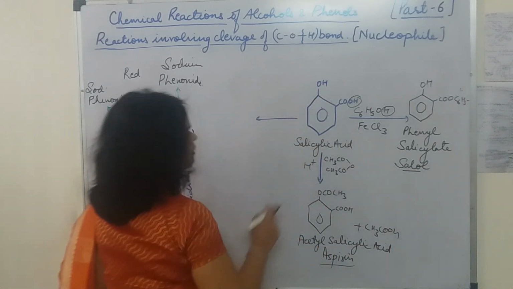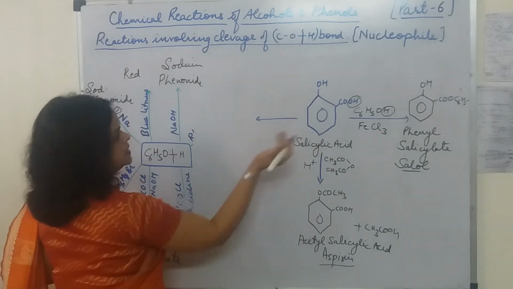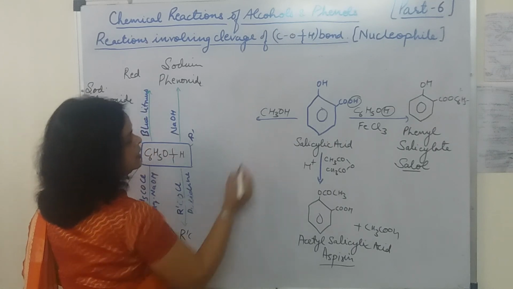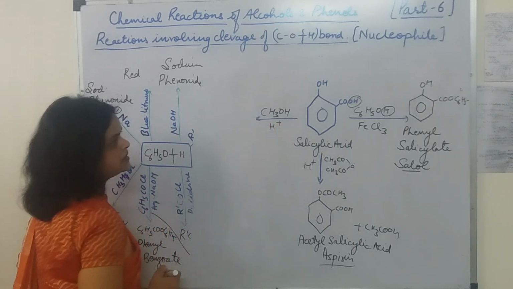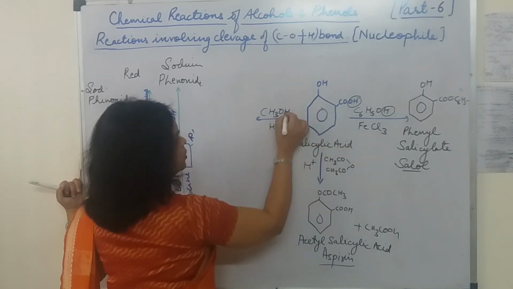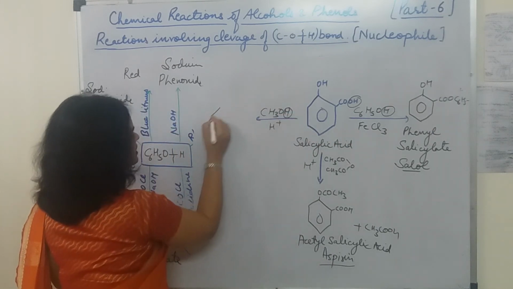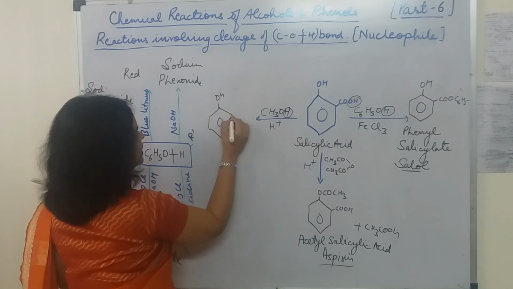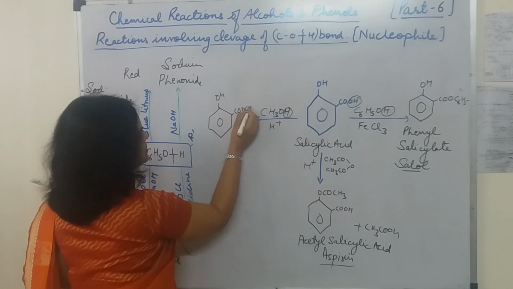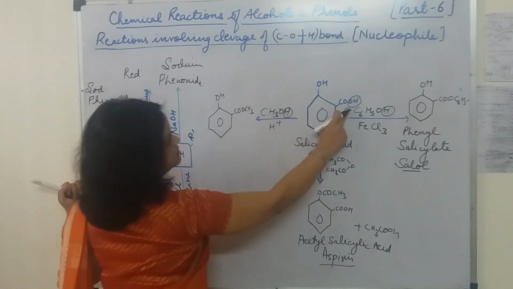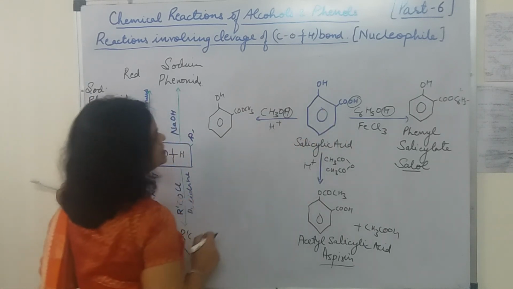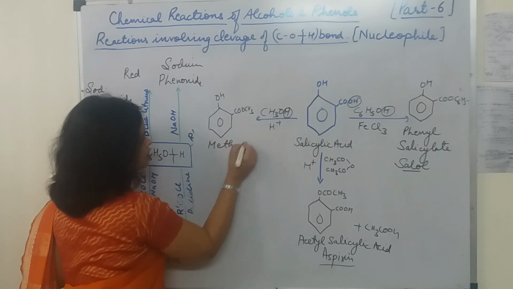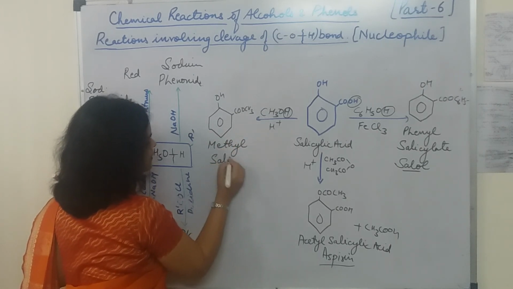Okay. Now, when instead of this C6H5OH, we are taking methanol, in the presence of H plus ions, then exactly in the same way OH combines with H and we get a product whose structure is OH and here COOCH3. Instead of this OH, we will get OCH3 and this is called methyl salicylate.